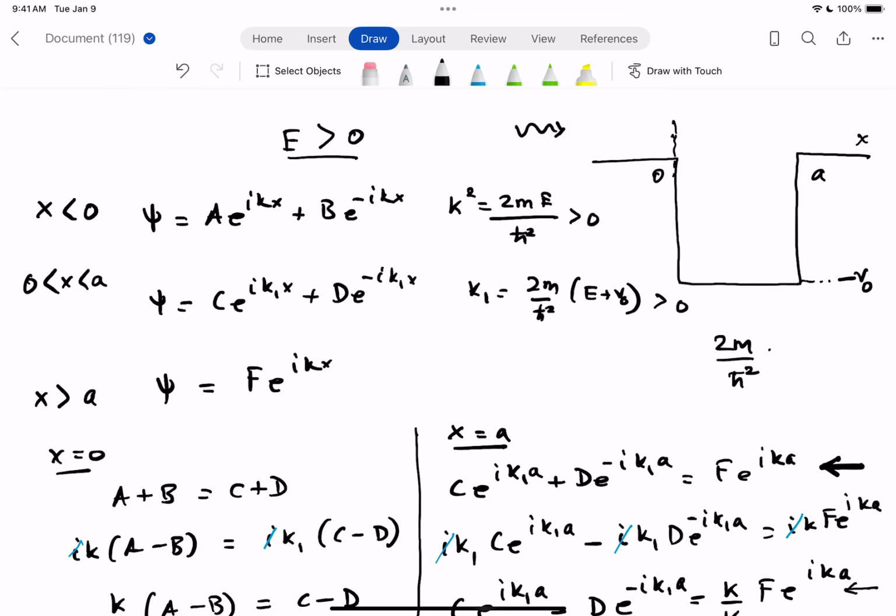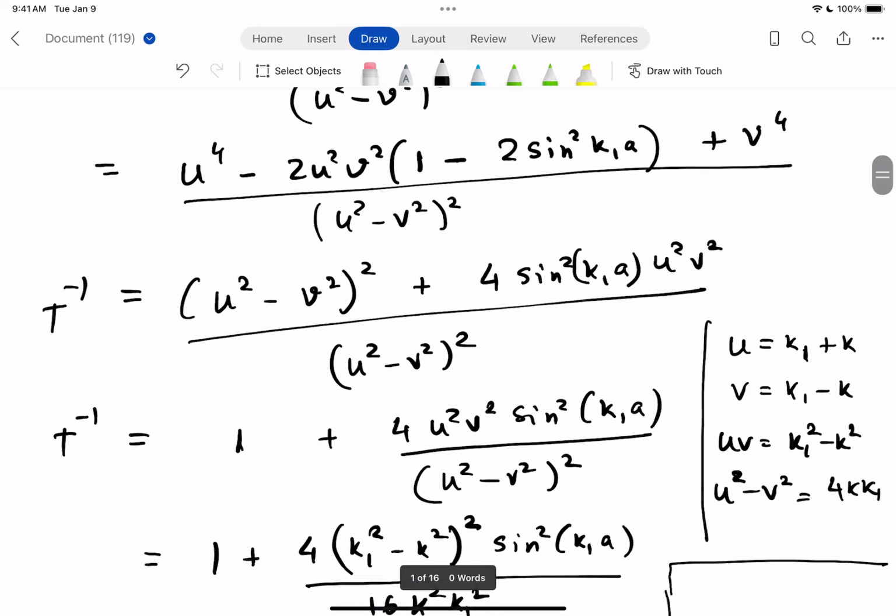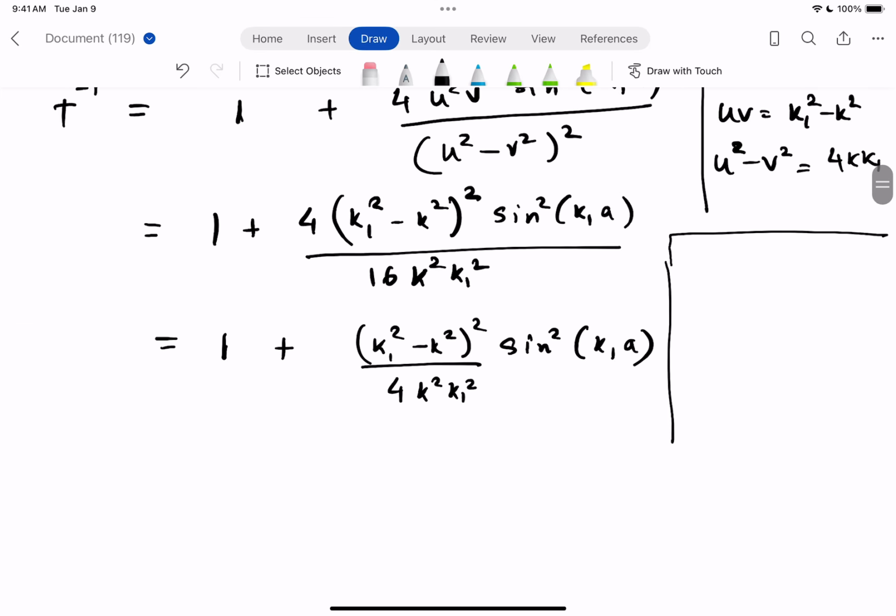So k square is equal to beta e, and k1 square is equal to beta times e plus v naught.